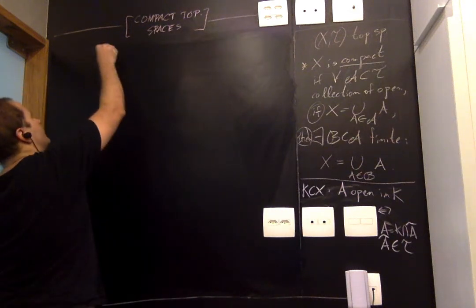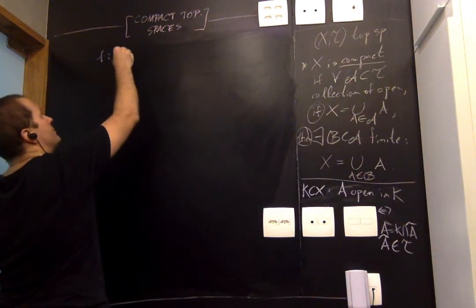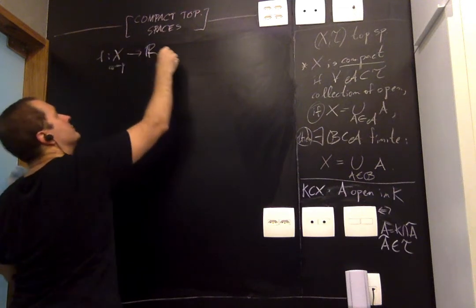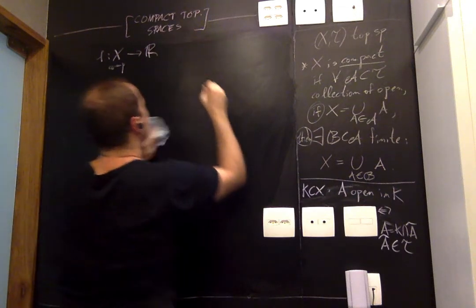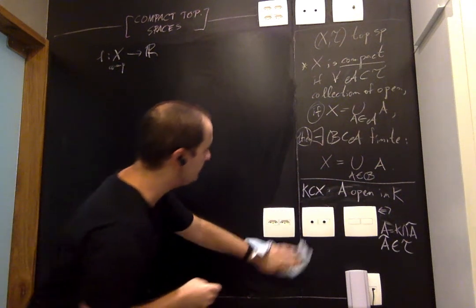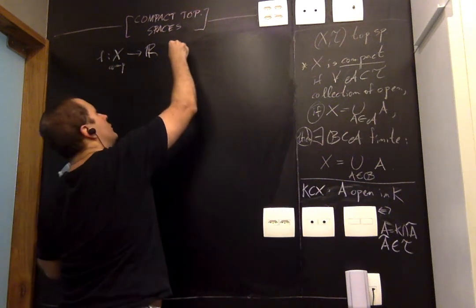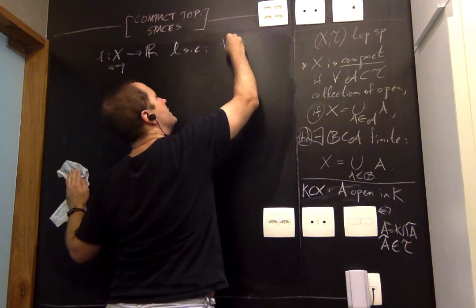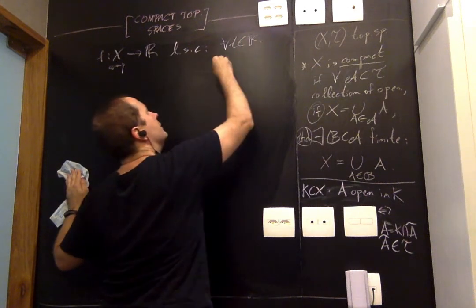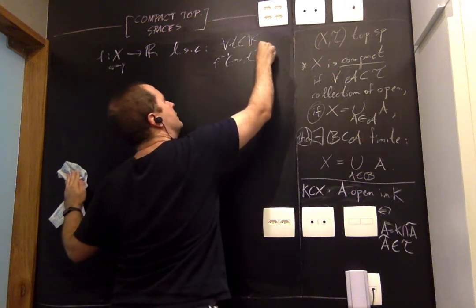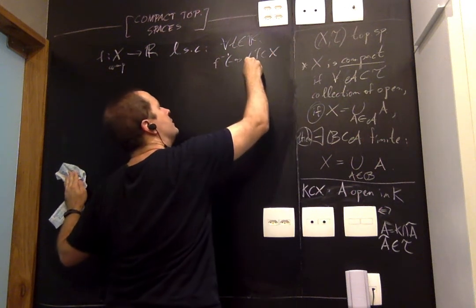I'm actually going to prove something slightly more general. So X is my compact topological space, right? And I'm going to assume that this function is lower semi-continuous, meaning that for any t in the real line, f minus 1 of minus infinity to t, the subset of X, is closed.